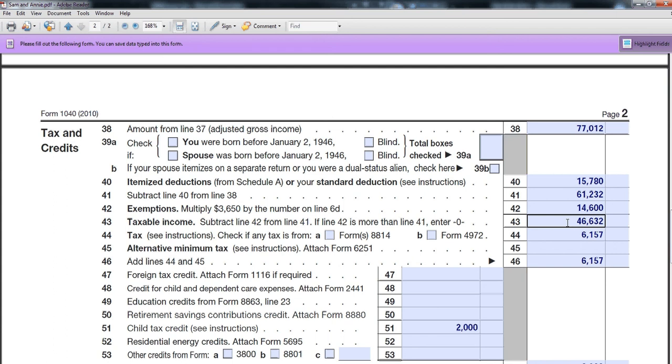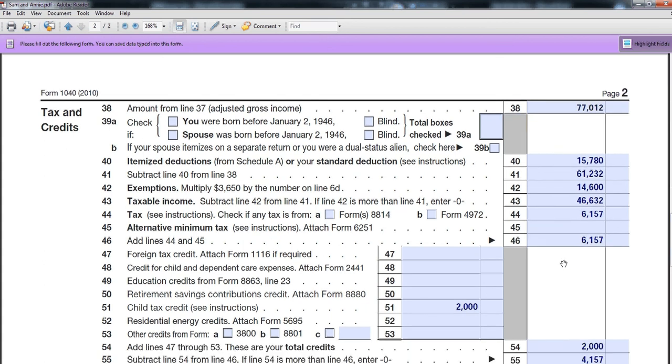And then if you just fill out the 1040, you'll have to calculate the tax, so you have to go to the tax tables and you'll have to calculate that. And we already calculated it on the other page, but this is what it was. $6,157 is their tax.